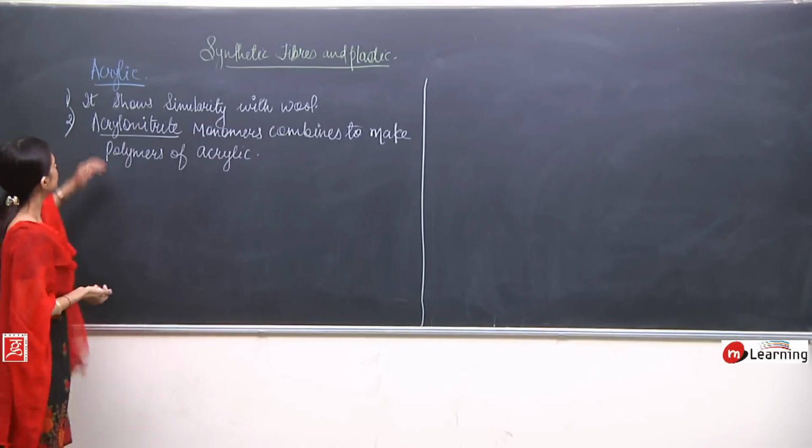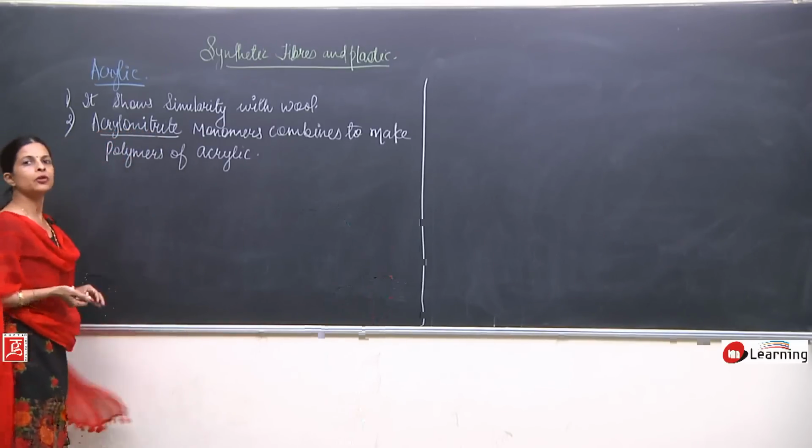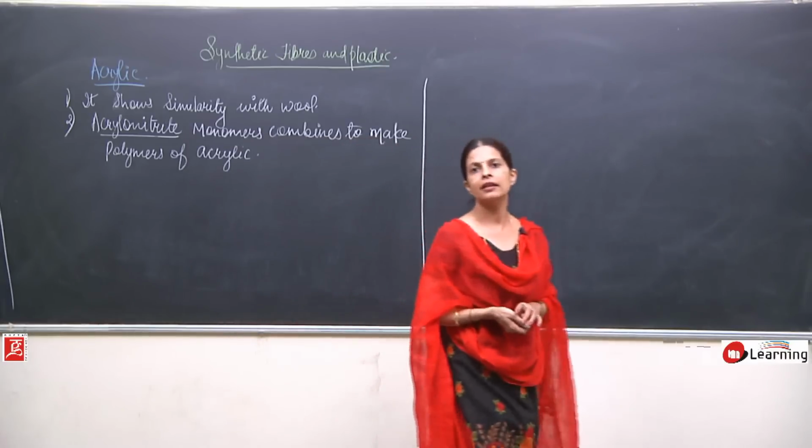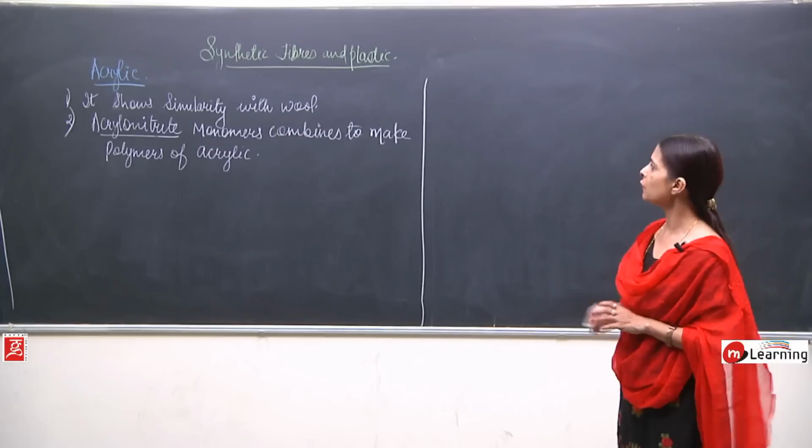So these acrylonitrile monomers combine end to end, and the acrylic polymer is formed.